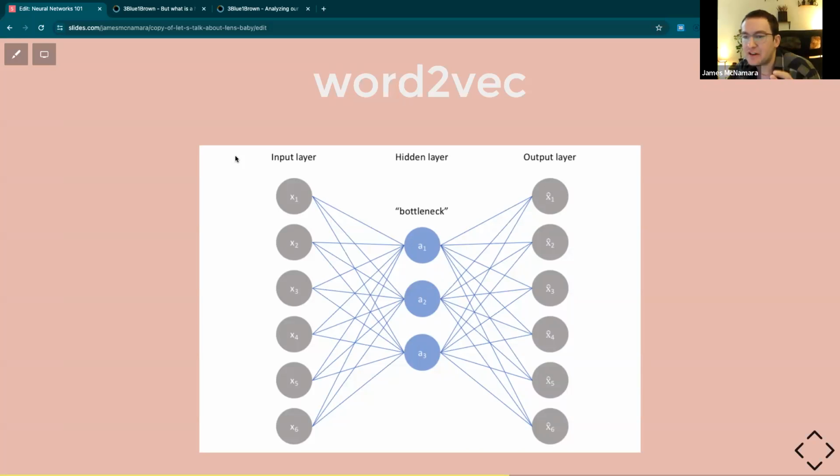But they did something very different, which is that they made the internal layer, and it was only a single hidden layer, much, much, much smaller than the input or output layers. So I think they had 10,000 nodes in the input and output, but there were only 300 nodes in the middle layer.